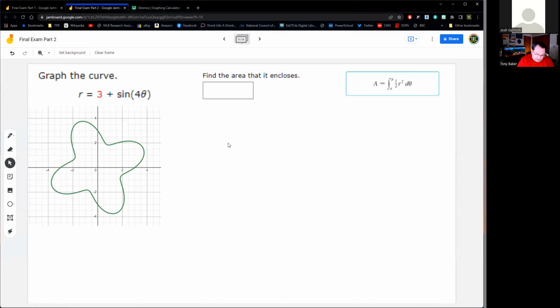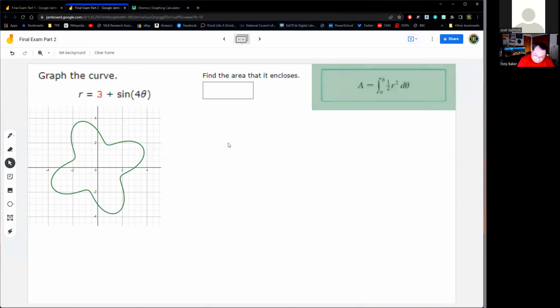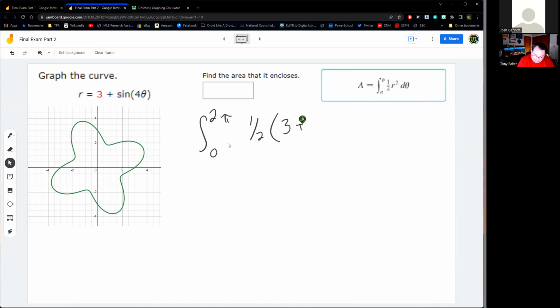So my area formula is just the integral from 0 to 2 pi of 1/2 times (3 plus sine 4 theta) squared d theta. So I can pull out the 1/2, and I'm going to FOIL this out.